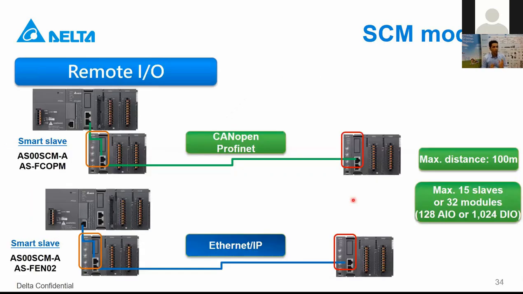So this is the remote I/O solution. The idea is that we have a CPU and we can mount up to 32 modules, right? But let's say that we have a long line in the machine, and at the end of the machine there are some I/O points, like 10 digital inputs. What you need to do is make a wiring from those 10 digital inputs to the cabinet where the PLC is located.